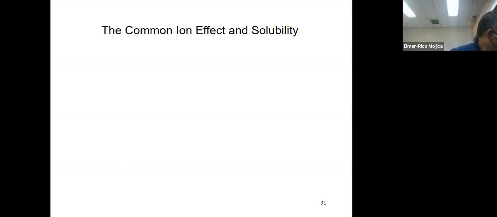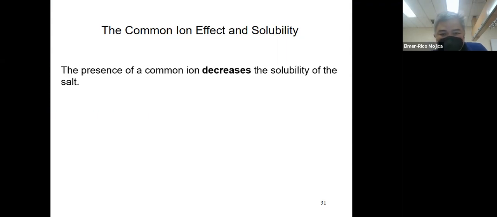So the next thing that we have is the effect of the so-called common ion. What is the common ion effect? How does it affect the solubility? We said before, when we have a common ion, it favors the backward reaction. So the presence of the common ion decreases the solubility of the salt.